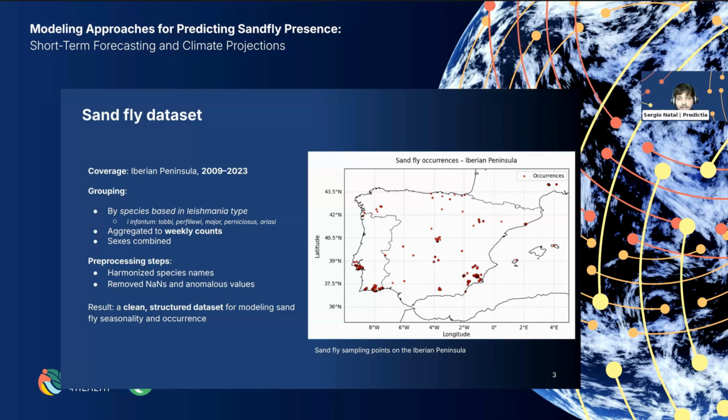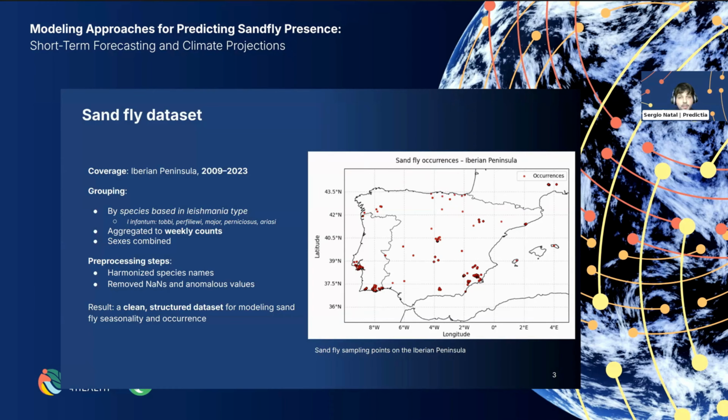Our target dataset is the sandfly dataset, which we use as the target variable. In this case we group the data by Leishmania type, focusing on Leishmania infantum, and we aggregate the species Tobbi, Perfiliewi, Major, Perniciosus, and Ariasi.